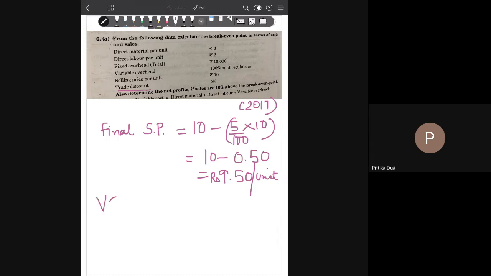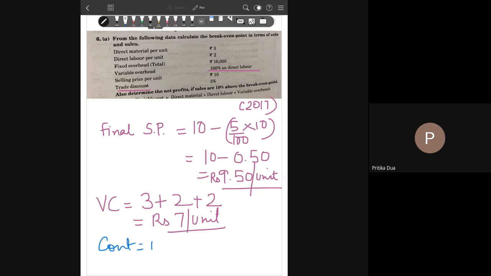Variable cost में आपको direct material, direct labor and your डायरेक्ट ओवरहेड्स जो होते हैं, variable overhead is 100% on direct labor, so which means we add another 2 rupees and we get the final variable cost as 7 rupees per unit. अब आपका contribution per unit आ जाएगा 2.50, and now you can easily calculate break even point in rupees and in quantity.